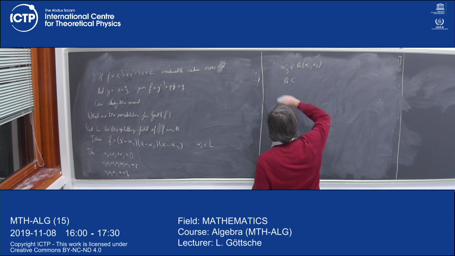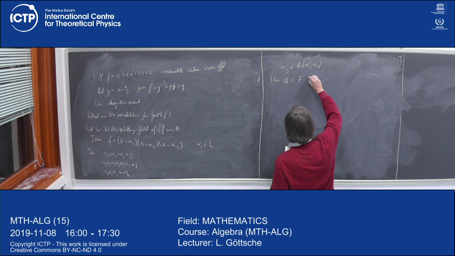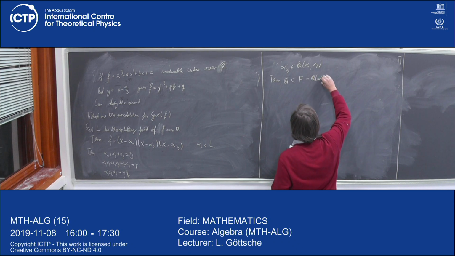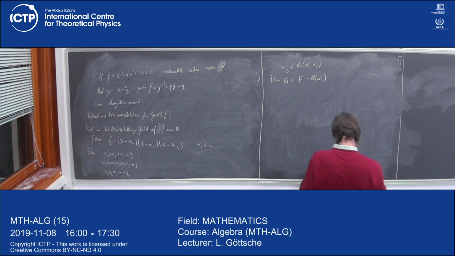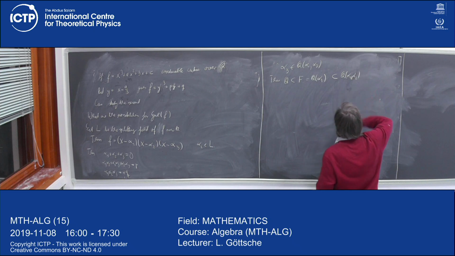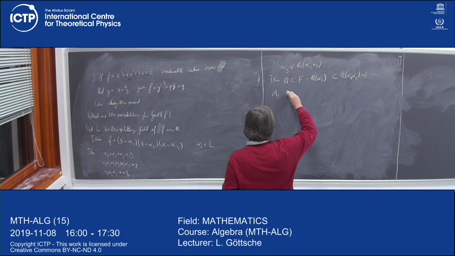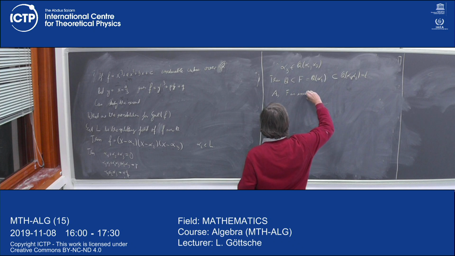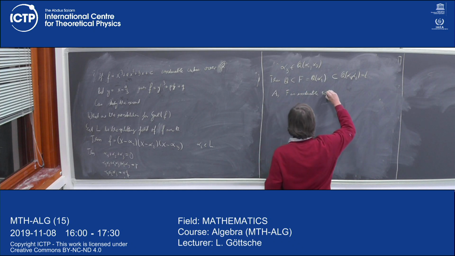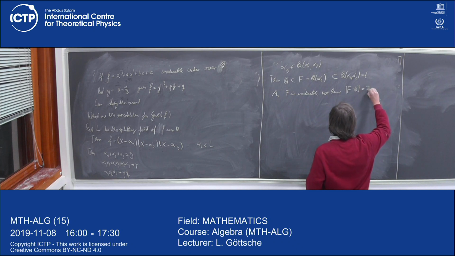Therefore Q is contained in some intermediate field F, which is Q(alpha 1), and this is contained in Q(alpha 1, alpha 2), which is our L. Now, as f is irreducible, the degree of F over Q is equal to 3.